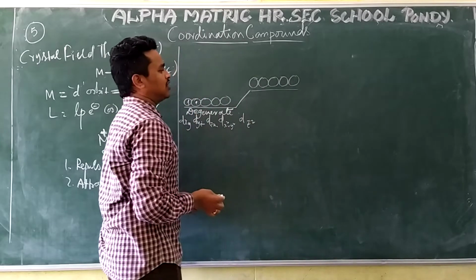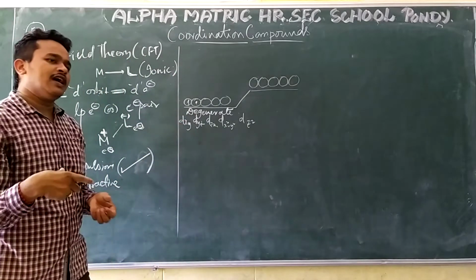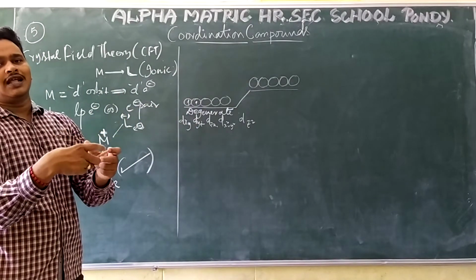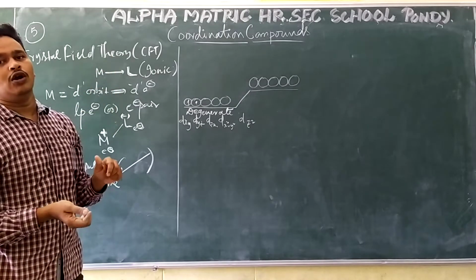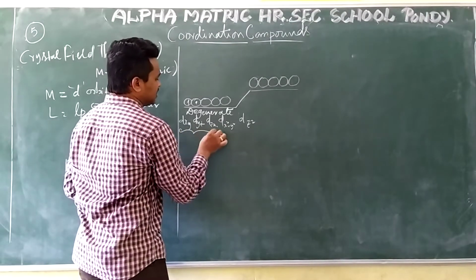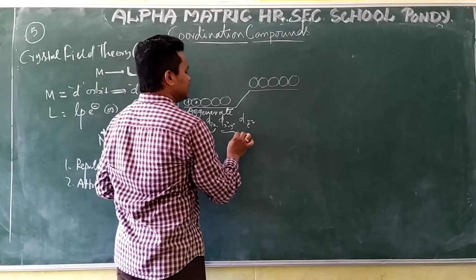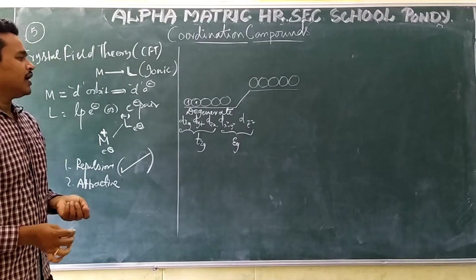After that, when the ligands come even closer, the orbitals split into two parts. In these 5 orbitals, these 3 are called t2g orbitals, triply degenerate. These 2 are called eg orbitals.